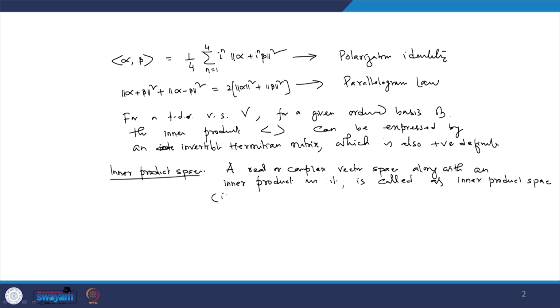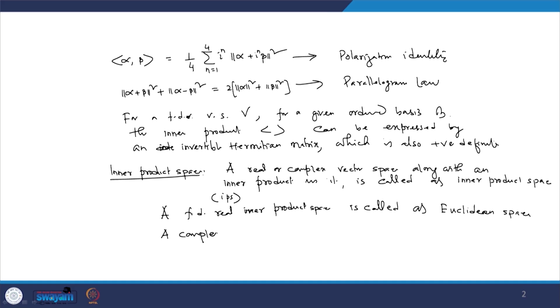From now onwards I will use IPS. Specifically, a finite dimensional real inner product space is called a Euclidean space, whereas a complex inner product space is called a unitary space.